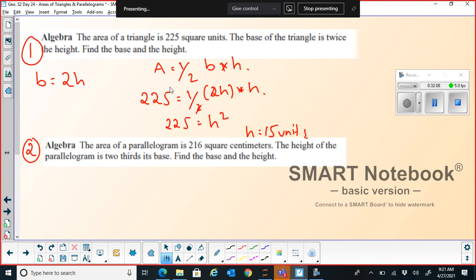Now I can substitute in the formula and get the base. I know base is twice height, so I can just substitute here. So base was 2 times h, which is 15. I don't even have to substitute in this formula. So base will be 30.